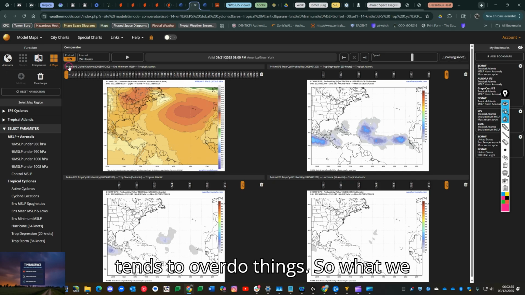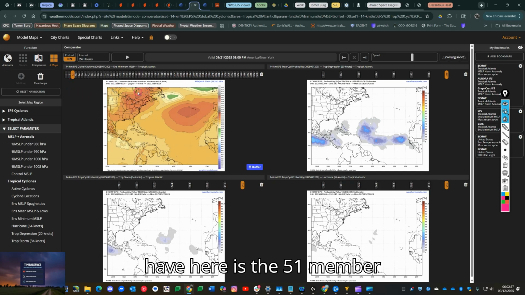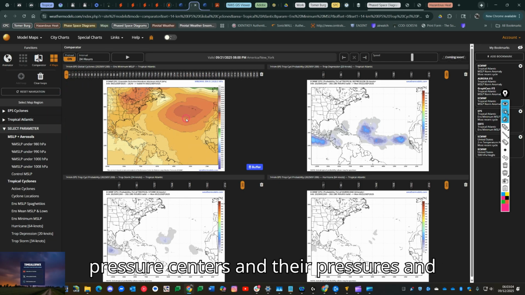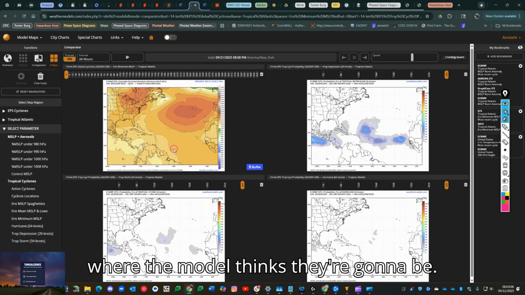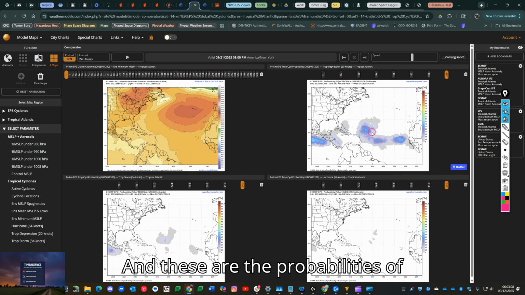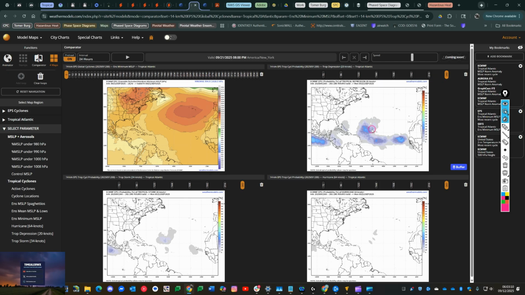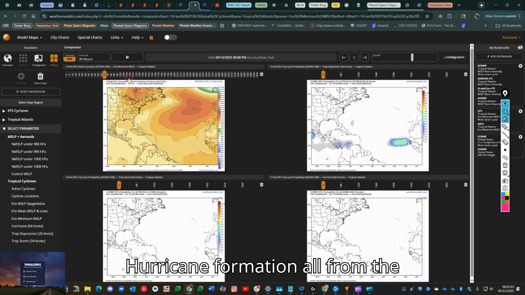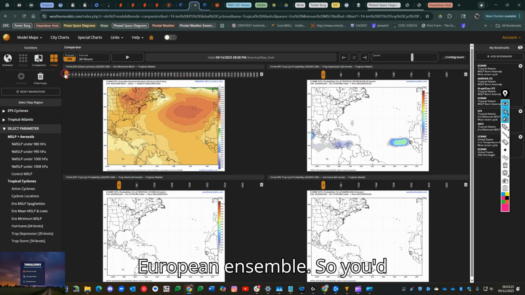So what we have here is the 51 member European ensemble showing high and low pressure centers and their pressures and where the model thinks they're going to be. And these are the probabilities of depression formation, storm formation, and hurricane formation, all from the European ensemble.